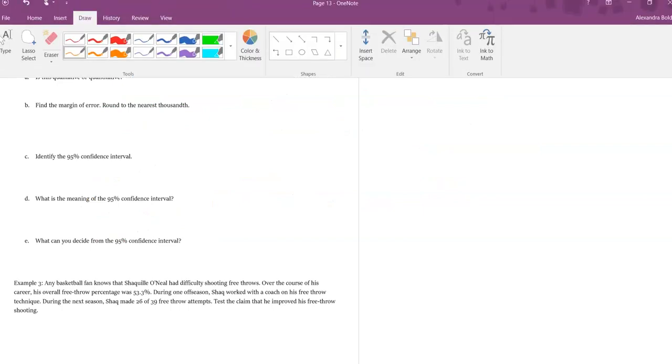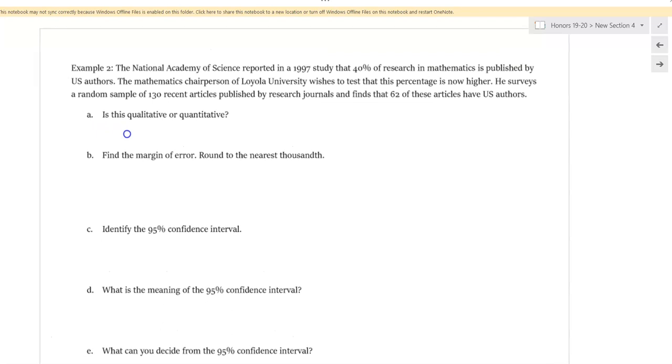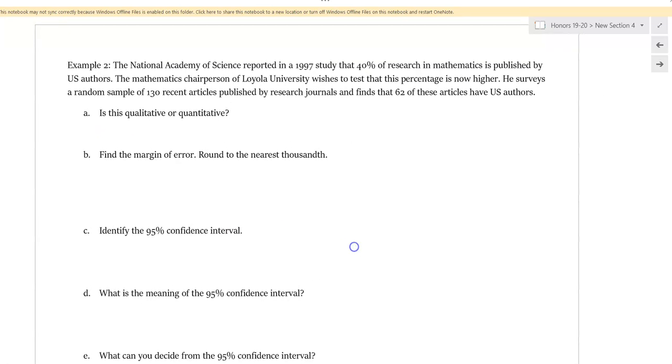The National Academy of Science reported in 1997 that 40% of research in mathematics is published by U.S. authors. The mathematics chairperson of Loyola University wishes to test if this percentage is now higher.